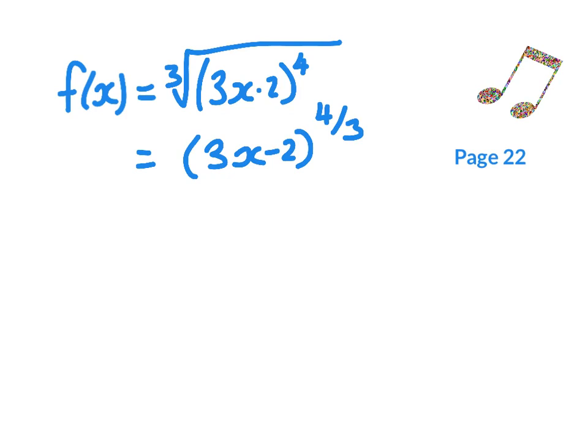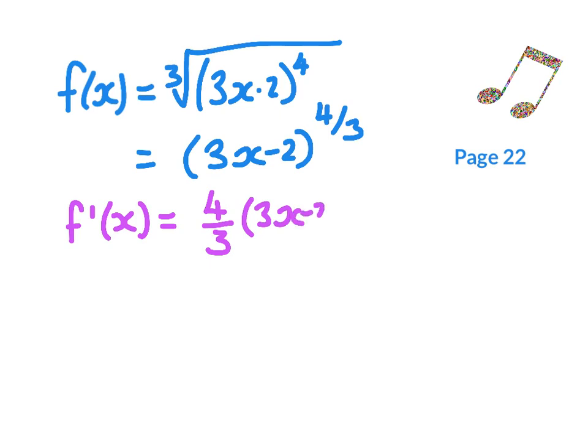Now I'm in a position where I can differentiate starting from the outside. So multiply by the power and reduce the power by 1. So 4/3 take away 3/3 is 1/3. Now I'm going to multiply by the derivative of the inside.